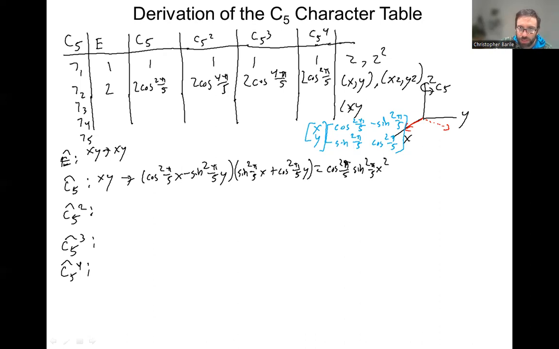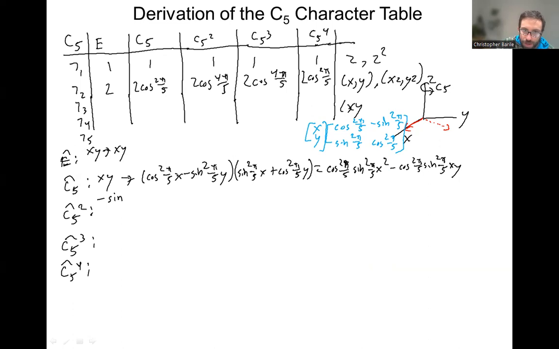Let's do the y terms next. That's going to be minus cosine 2 pi over 5 sine 2 pi over 5 y squared. And then we're going to get the mixed terms here. So there's going to be a minus sign. I think probably the best way to do this is show it over here. So this is a continuation, guys. Sorry. So these two terms and then minus, we're going to have 4 terms here, right?